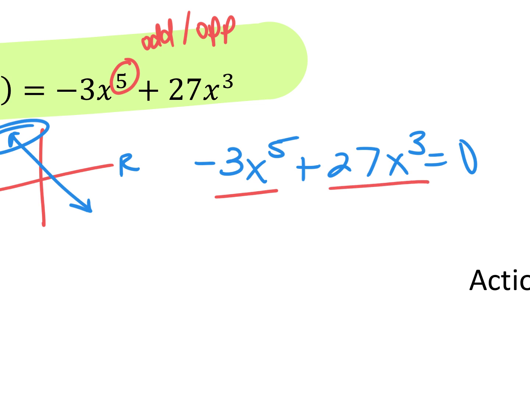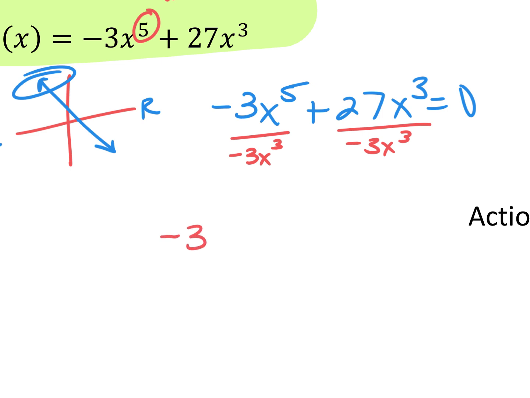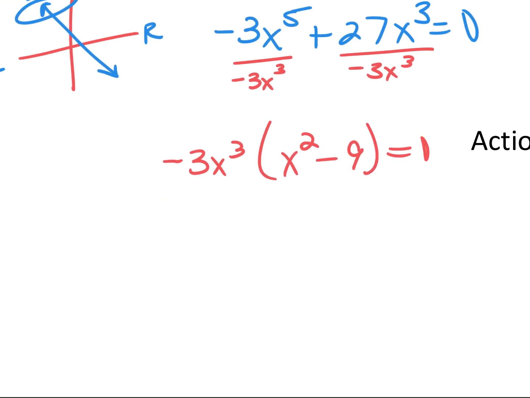I'm going to take out negative 3x cubed. So I have negative 3x cubed, and then what am I left with? x squared minus 9. Perfect. Can I factor x squared minus 9 a little more? x minus 3, x plus 3. Perfect.